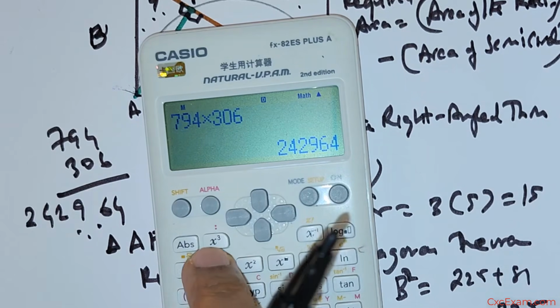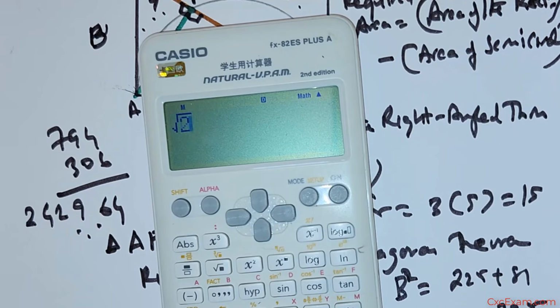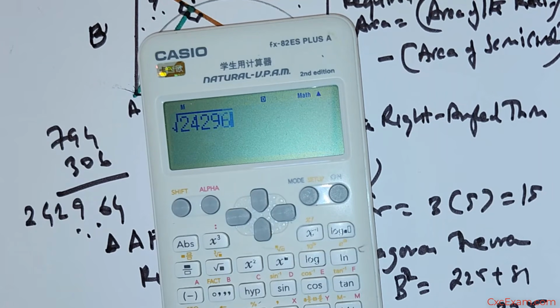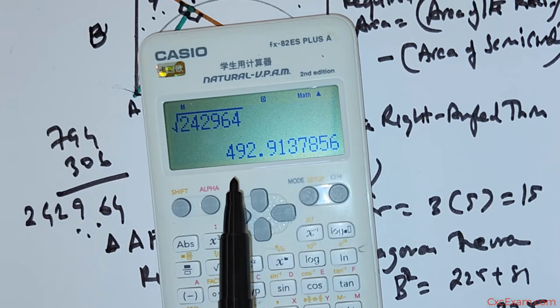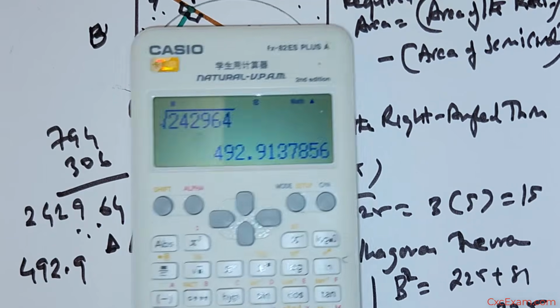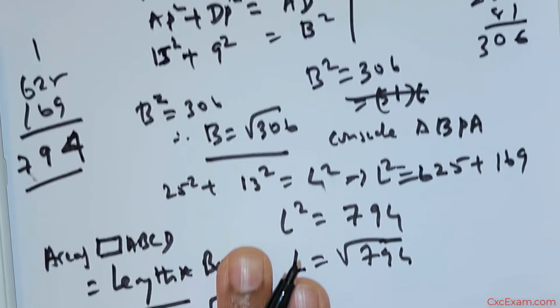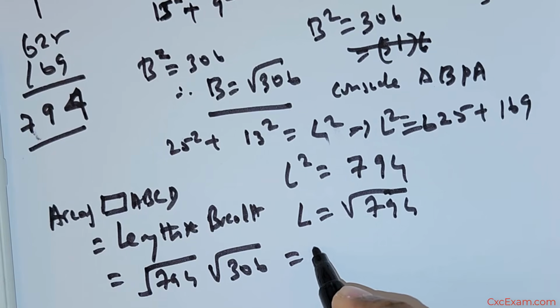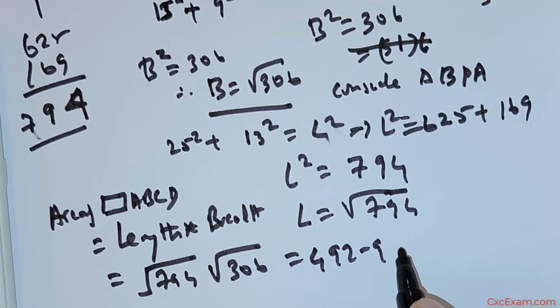If I take the square root of 242964, I get a value of 492.9136. I can take it as 492.9. So this is equal to 492.9 square units.